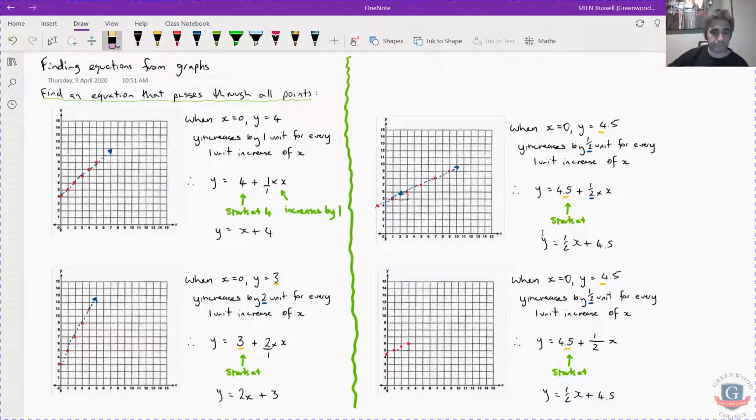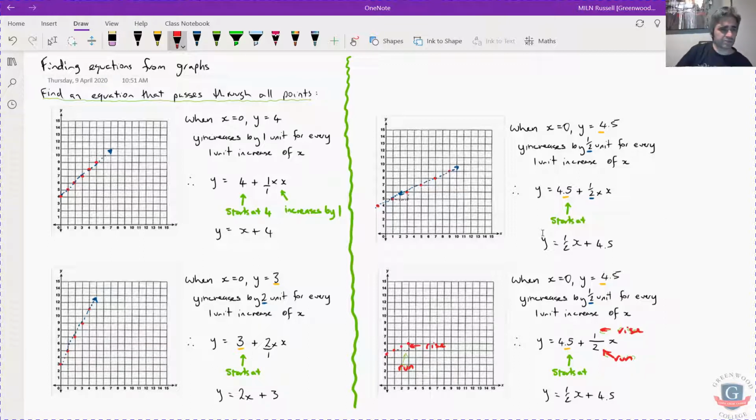Okay, so I might put over here, this is the rise, that's how much it's gone up. That's the run, that's how much it's gone across. Might get a darker pen because I can't see that. That's the run, and this bit here is the rise. So we put the run on the bottom, we put the rise on the top.